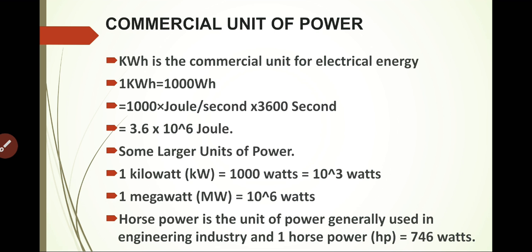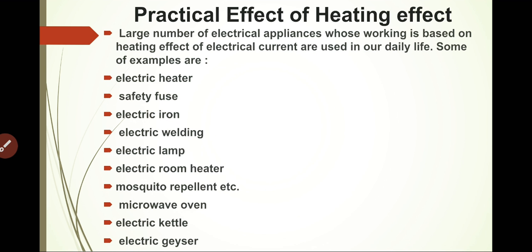Some larger units of power are 1 kilowatt, which means 1000 watts, or 10 raised to the power 3 watts. 1 megawatt, MW, equals 10 raised to the power 6 watts. Horsepower is the unit generally used in engineering industries, and 1 horsepower means 746 watts.